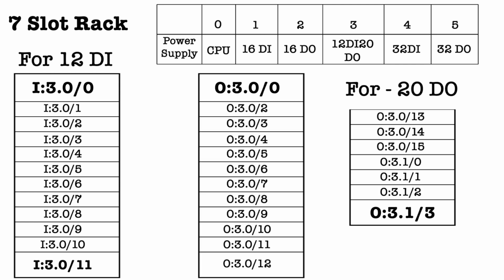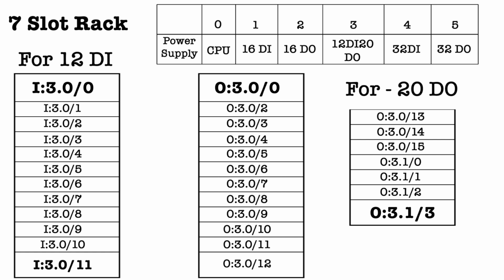Similarly, for the 20 digital outputs, what would be the addressing? Since it is an output, it will be designated by O, colon, and since it is connected to the third slot, it will be 3, dot, word number 0, slash 0. It will start from O:3.0/0 and go to O:3.0/15. Since in a word we have 16 bits, it will range from 0/0 to 0/15.